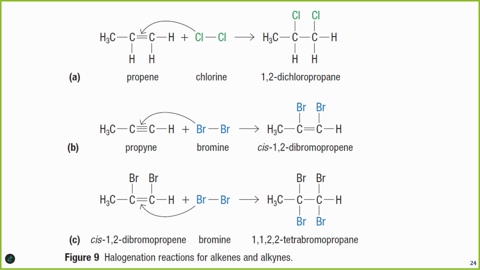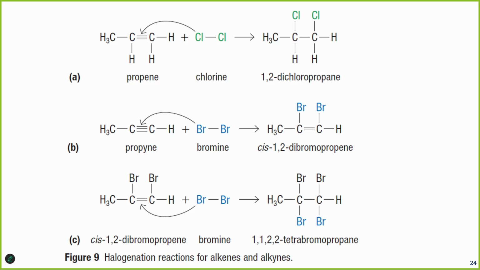The alkene or alkyne gains atoms from the reacting molecule but does not lose any atoms. Addition reactions may also occur with halogens, hydrogen halides, such as hydrogen chloride, and water.